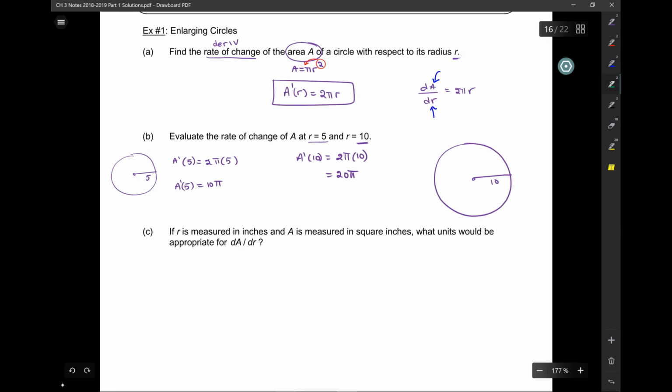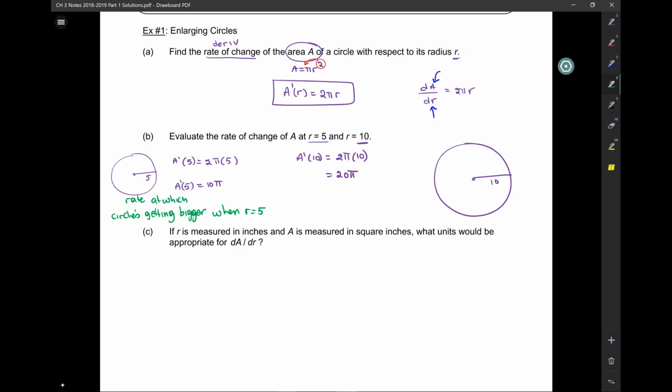That's the rate at which the circle is getting bigger when the radius is 5. So when r equals 5, this circle is getting bigger at a rate of 10 pi. That's 10 times 3.14, so the rate is about 31 point something.